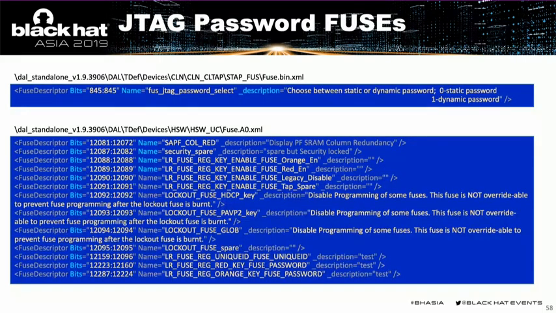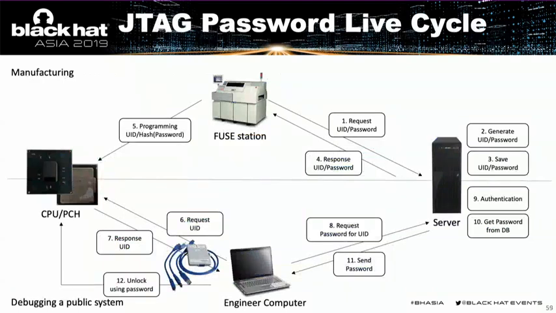So we think this technique looks like this. You have the manufacturing version of chips. You have some fuse station. You have an Intel server, and at the factory, the fuse station requests a unique ID and password from the server. The server generates a new unique ID and password and saves it into a database.